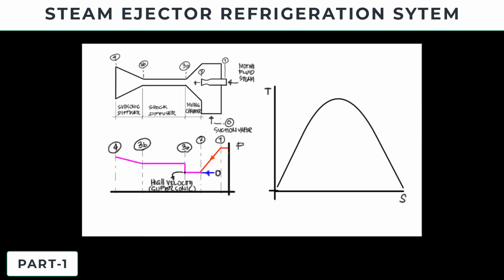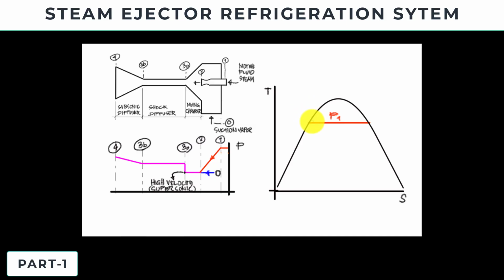Now I have put down here the TS diagram to interpret what is happening inside the injector. Now we have here the high temperature with your corresponding pressure. So this will be from the boiler or usually heat addition.